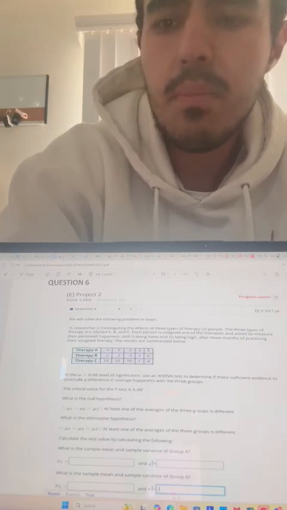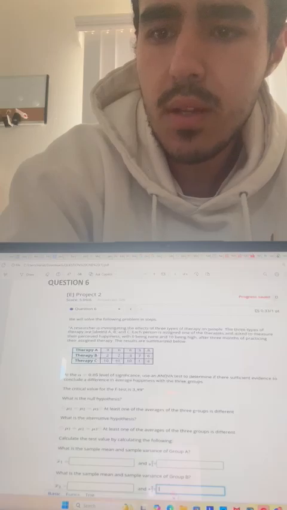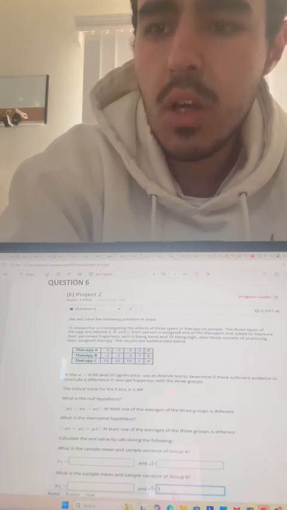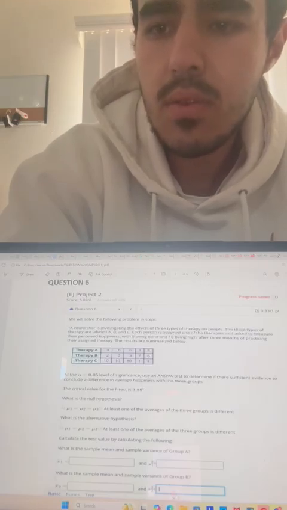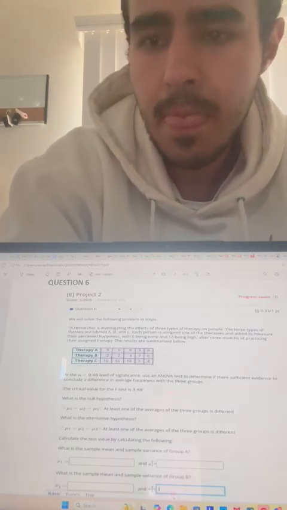We then compute the between-groups sum of squares and the within-groups sum of squares. From these, we found the mean square between to be about 2.663 and the mean square within to be about 14.333. The calculated F-test value is approximately 0.185.